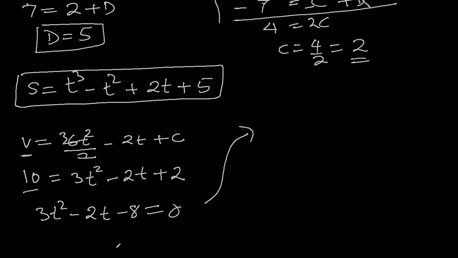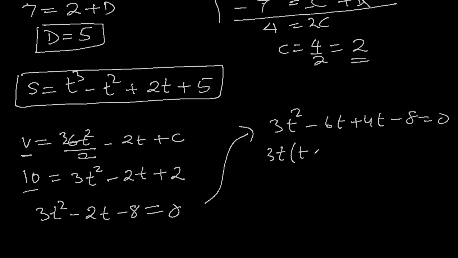So let's solve this equation now. I will do the factoring: minus 6t plus 4t minus 8. These are the two factors I got: 3t plus 4 and t minus 2.